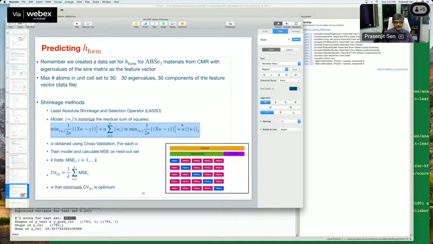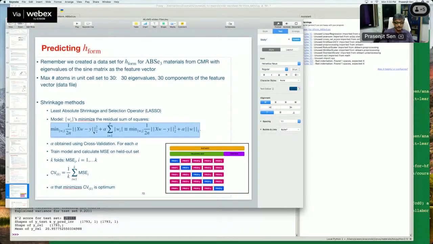So one thing it does is that it reduces the size of your feature space. At the same time, it helps you in feature selection. It tells you that some of the features could be not at all important in predicting the particular quantity you are interested in.